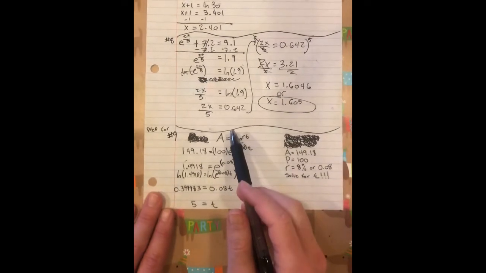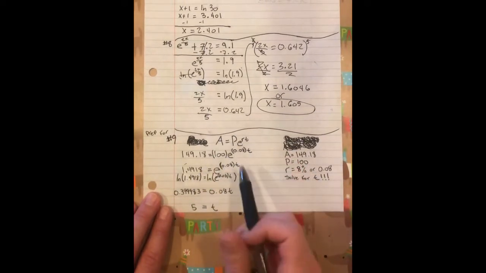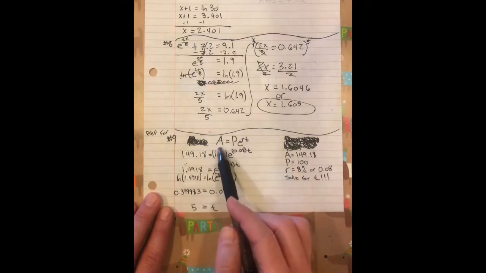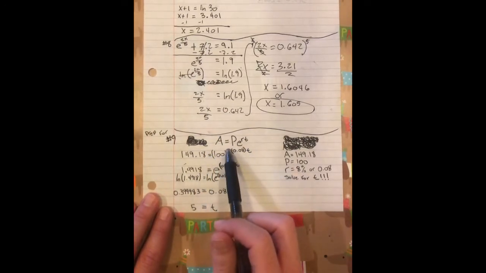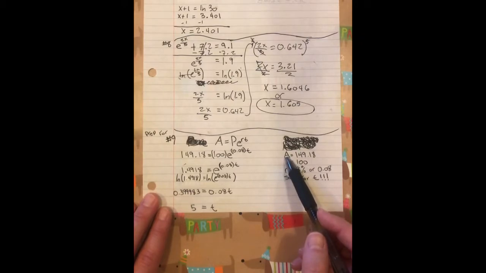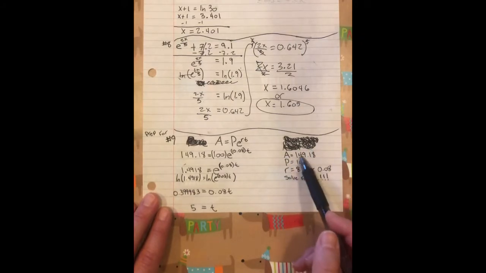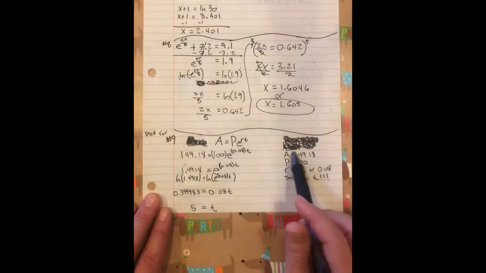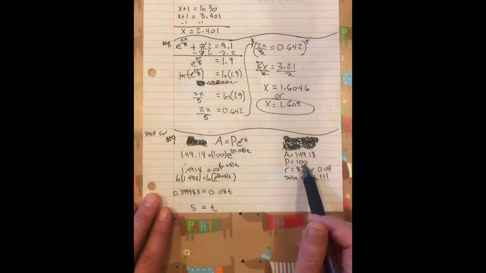So for number 9, and this gray box example problem, we're going to use this formula. A equals PERT. That's what helps me remember. Where A is the total after all of the rate and interest and time has passed and been applied. So expect there to be decimals and the number to not be that clean. P is the principal, so expect that number to usually be the clean number.